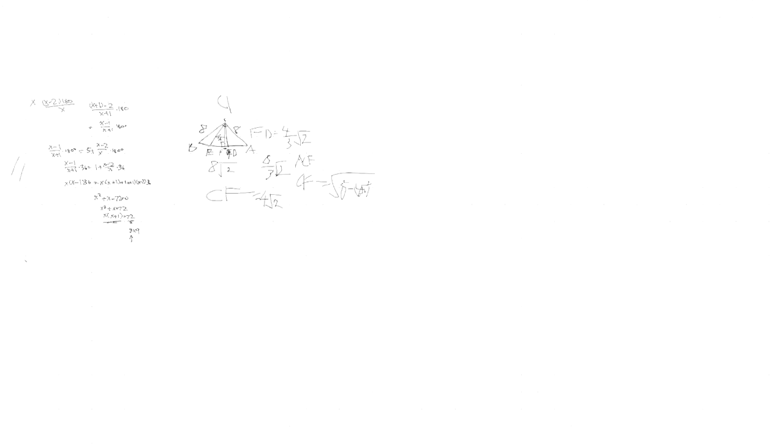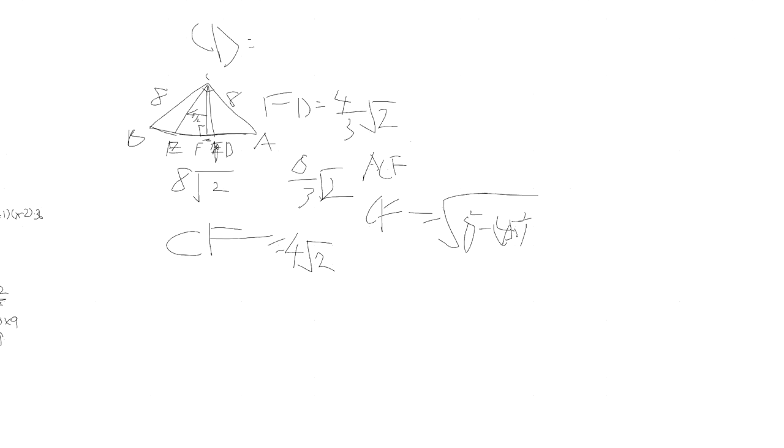So CD equals CE equals the square root of 4 root 2 squared plus 4 over 3 root 2 squared.